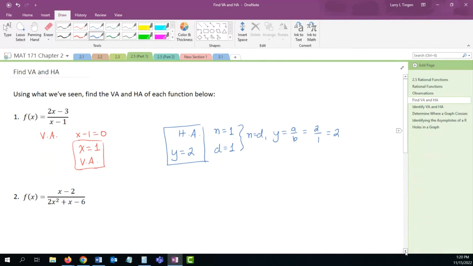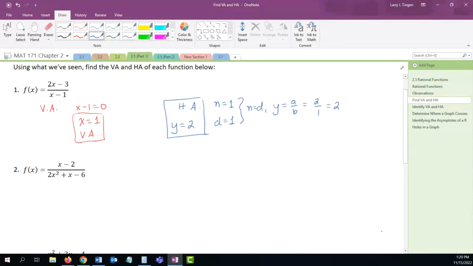All right. Next, I've got x minus 2 over 2x squared plus x minus 6. Does the denominator factor? Does it factor? Let's find out.